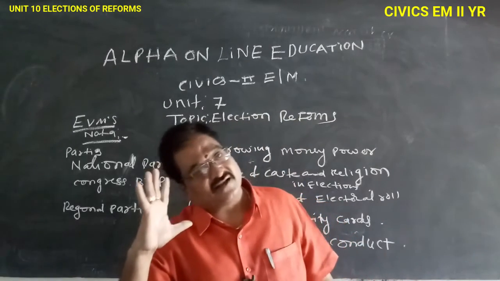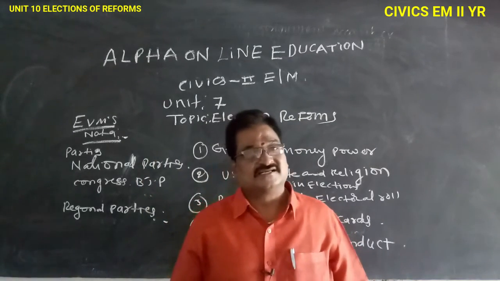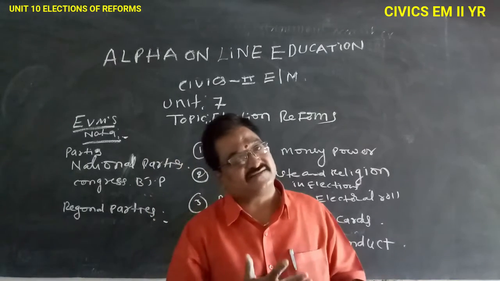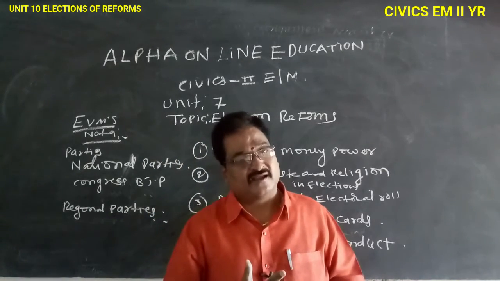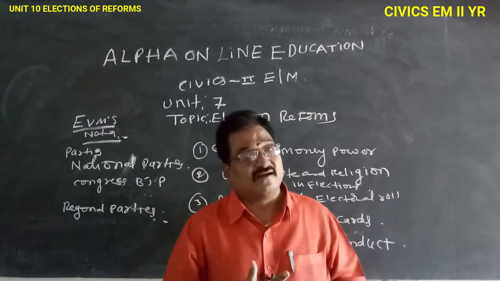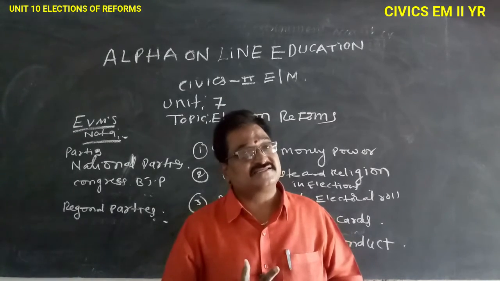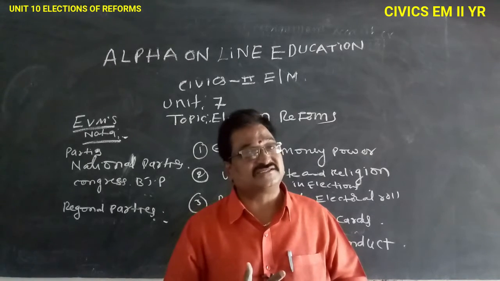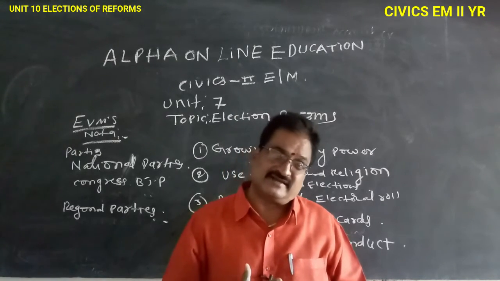It prepares the list of electors. It stops the elections if there is any rigging or violence at the time of election. At the time of election, the State Election Commission supports the Central Election Commission.